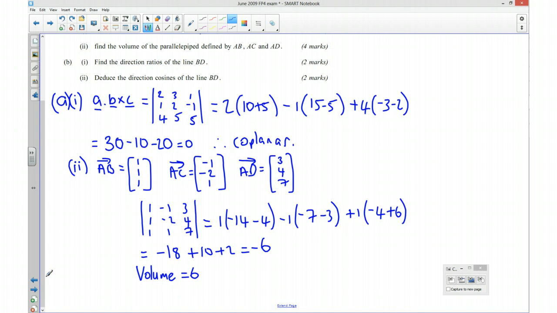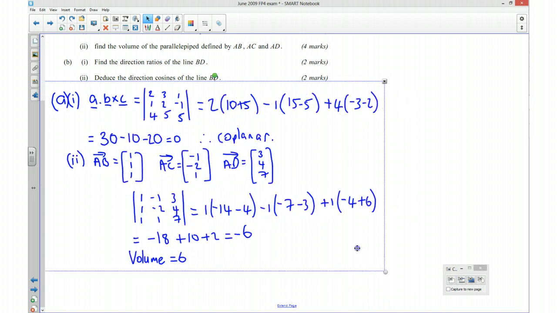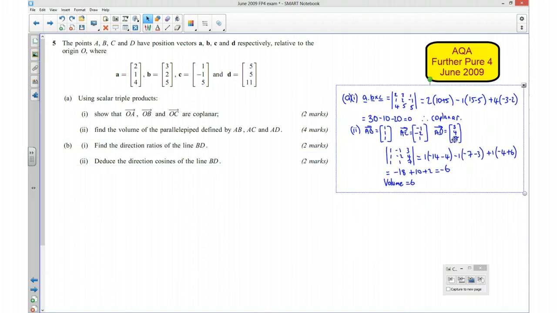So there we go for part A. I'm just going to tidy that up and then we can have a look at part B.